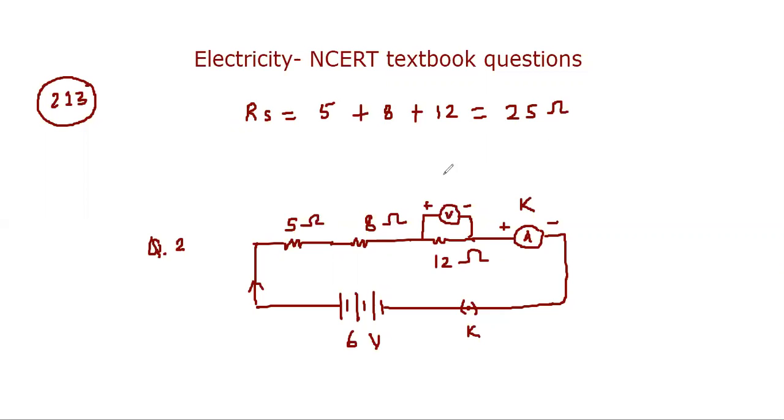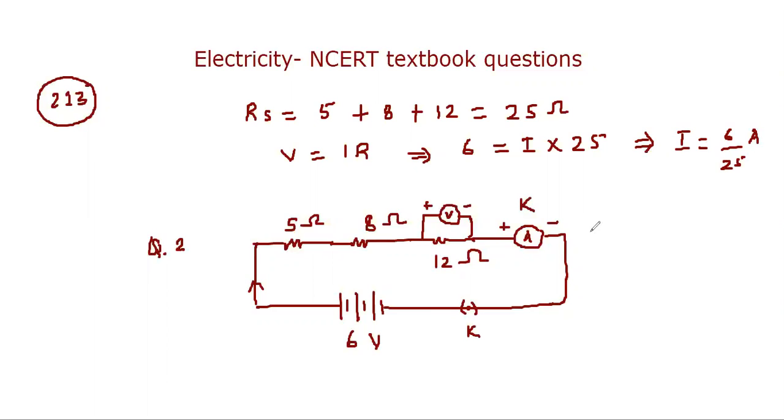Then we can apply Ohm's law, V equal to IR. So we put the value, V is given as 6 volt, I is to be found, and resistance is 25. So which will give I equal to 6 by 25 ampere.